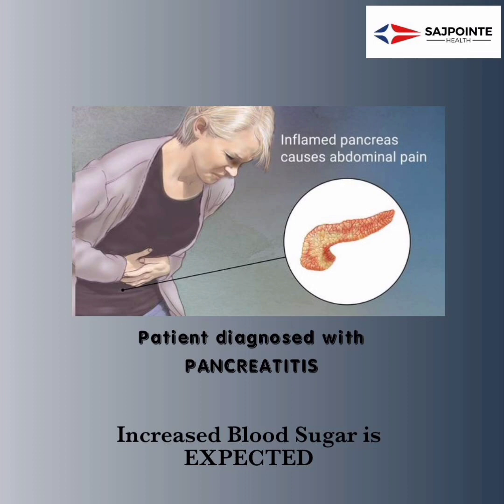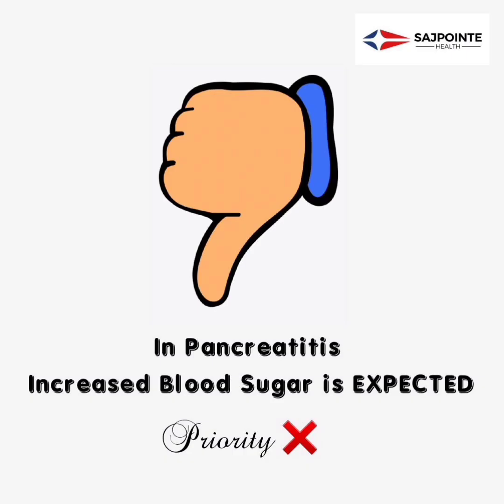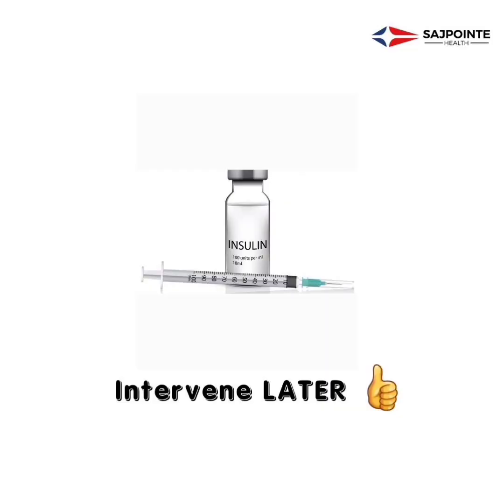I wouldn't be bothered about this, as it is expected in a patient with such a disease condition. It sounds abnormal, it sounds scary, but at that point it is not life-threatening. So I am good. I will move on to the next patient and come back later to that one, give some insulin, and we are good.